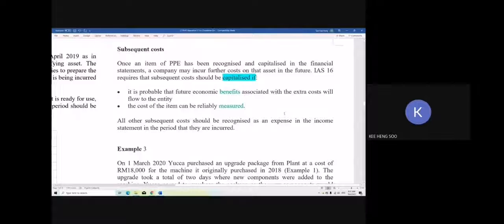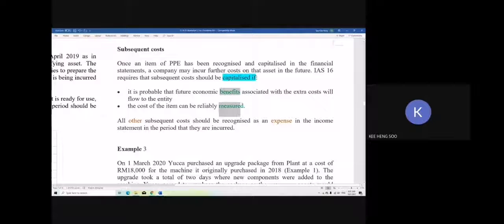Others not meeting the criteria will be expenses. For example, repair and maintenance. How about the one with benefit and can be measured? I think I mentioned that before.